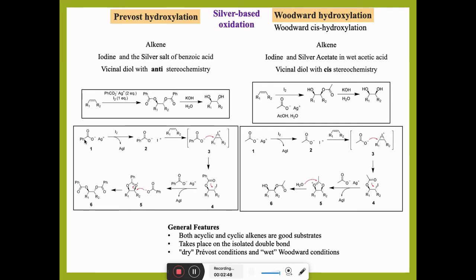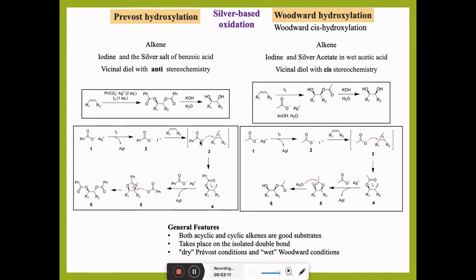In Prevost hydroxylation, in the first step, the silver salt of benzoic acid reacts with the iodine to give AgI, and this salt, which will give I plus, adds on this double bond and gives you this intermediate, which is iodinium ion.